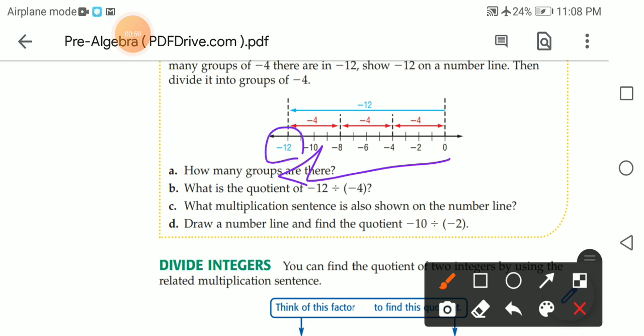Then see how many groups of negative 4 are in negative 12. As you see here, 1, 2, 3. So the answer is 3.